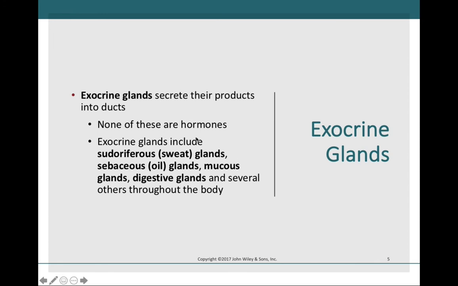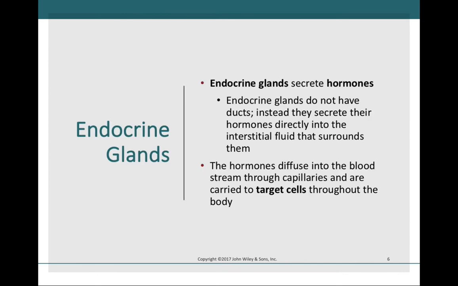So sweat glands, for example, will release sweat that flows into a duct and is released out onto the surface of the skin. This in turn helps us to thermoregulate our bodies. The secretion itself with exocrine glands never goes into the bloodstream. Again, as we did more about these in A&P 1, we're mostly focusing on endocrine glands in this presentation.